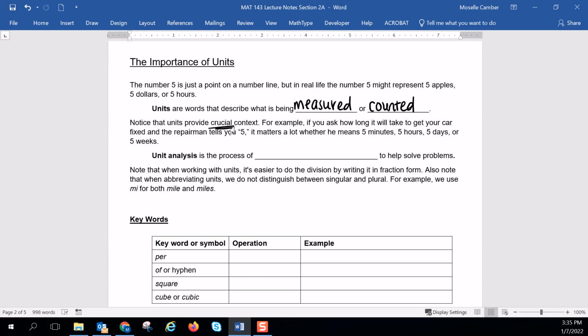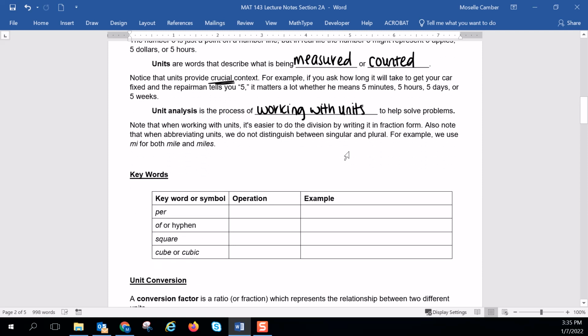So unit analysis is the process of working with those units. Sometimes they give you information in a unit that you don't really want, something that's not quite as useful, so you need to be able to change things around or even combine information to get the thing that you want. So we're looking at units.